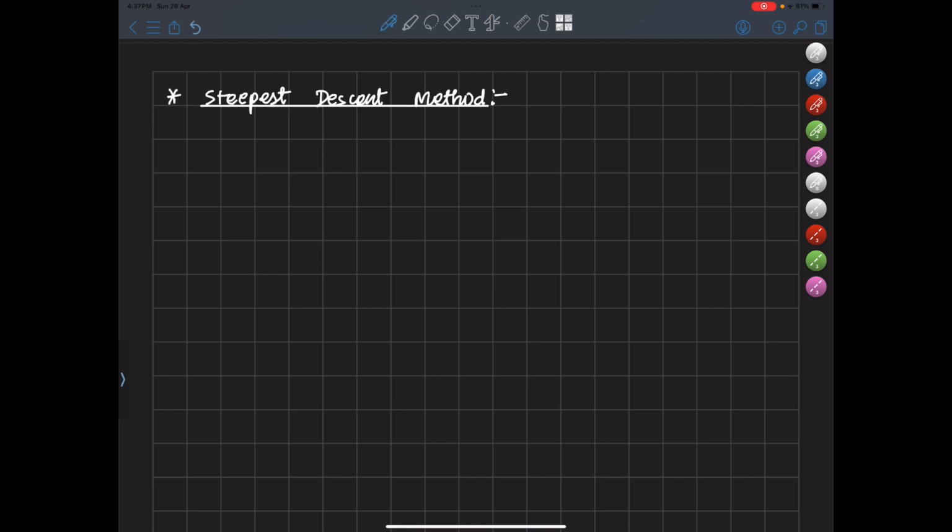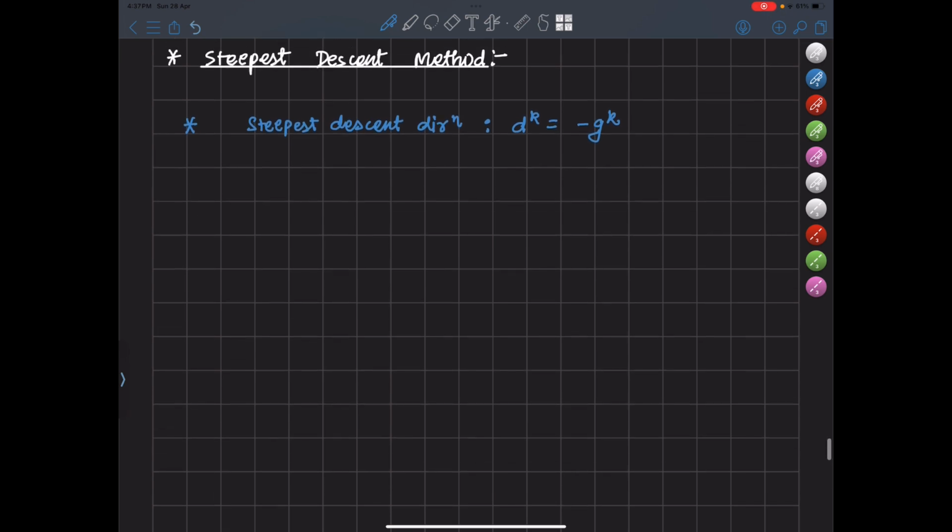So here we'll use the steepest descent direction, which is given by, as we saw earlier, dk is equal to minus gk. Okay, so let's write it in algorithmic form.